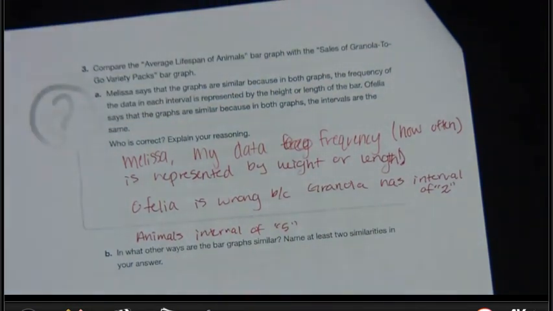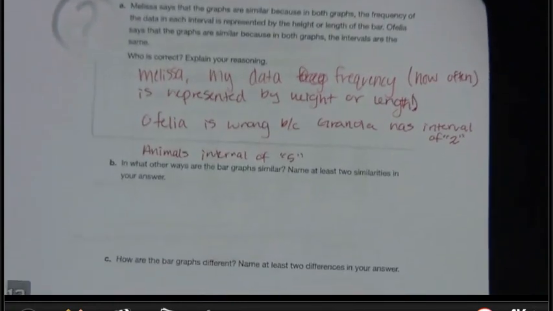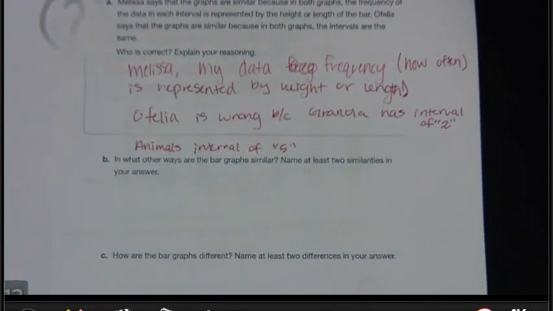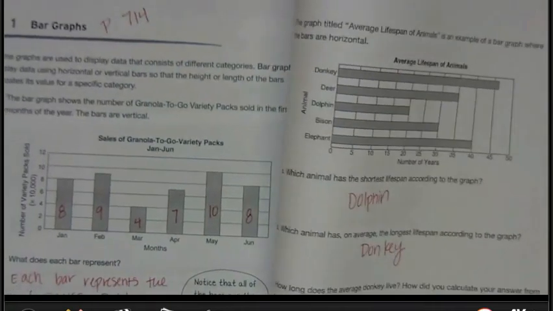Okay. All right, letter B. In what other ways are the bar graphs similar? Name at least 2 similarities in your answer. All right. So let's see here. We're going to look at our 2 bar graphs.